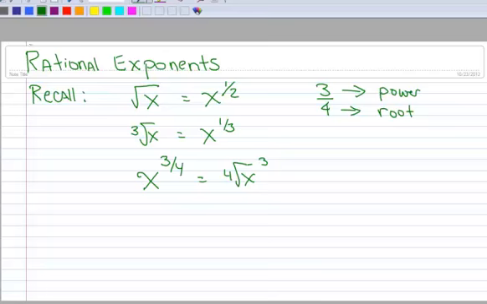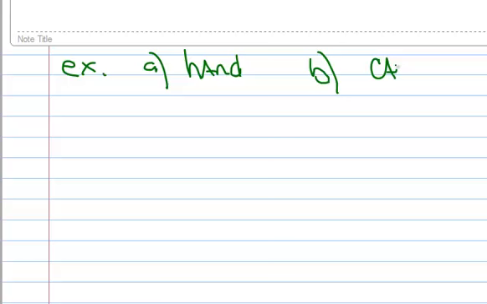Let's get a new page up here. All right, a quick example here. We're going to evaluate these first by hand, which means on paper, and feel free to do it with the calculator as a check. So let's do one right here. We have -16 to the 3/2.